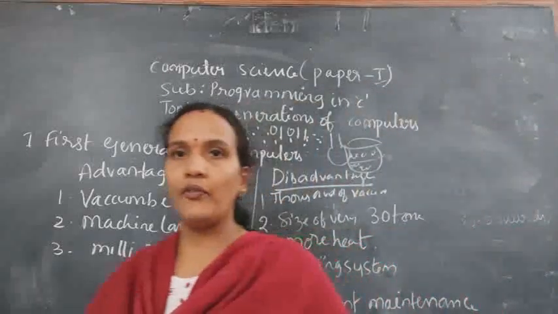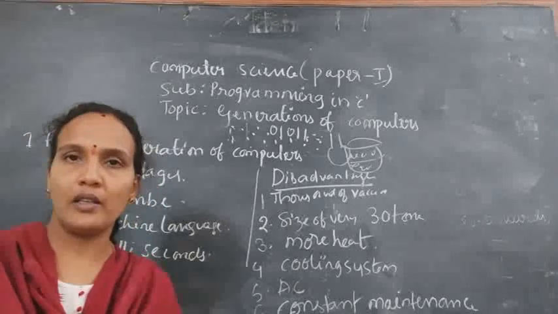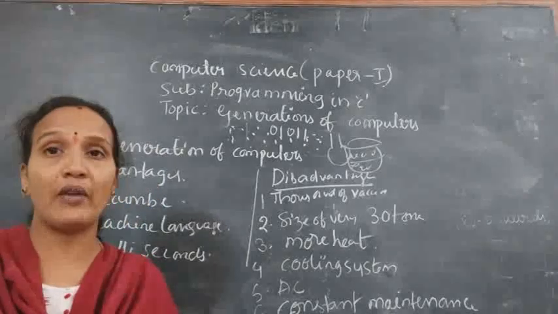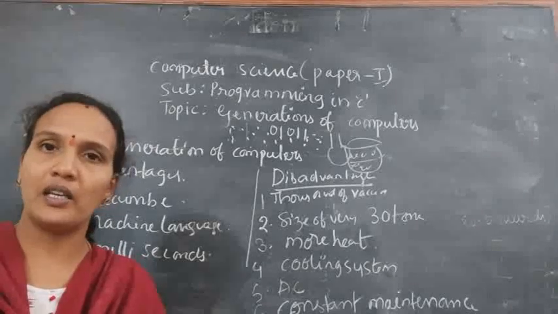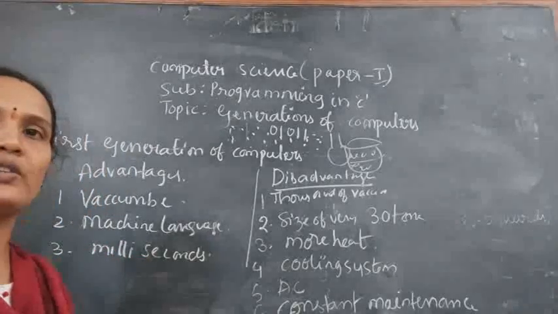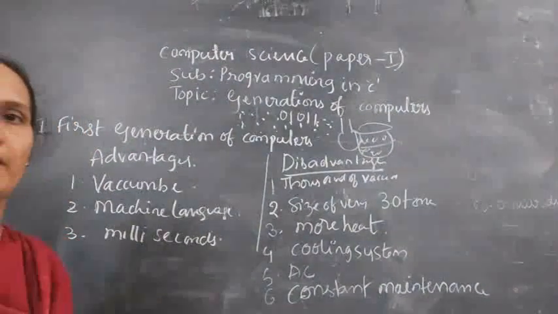Every time, if any damage or technical failure is there, they have to change the vacuum tubes. Every time they need to change those bulbs. That is also a disadvantage. First you take these disadvantages, I will give more.